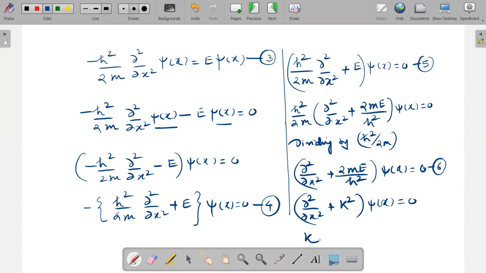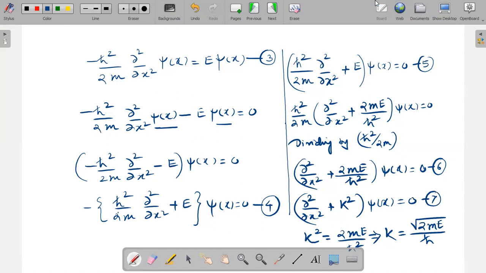From equations 6 and 7, we can write k square equal to 2mE upon h cross square, which implies that k equals root of 2mE upon h cross. Here k is given.